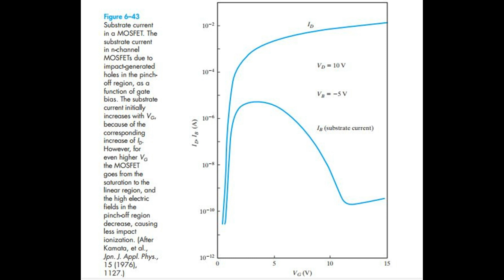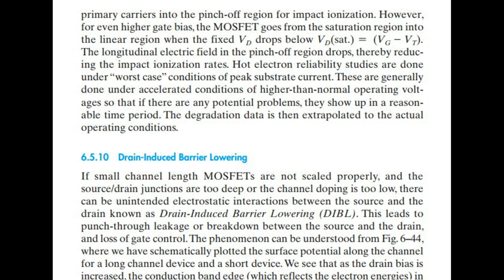However, for even higher gate bias, the MOSFET goes from the saturation region into the linear region when VD drops below VD,sat equal to VG minus VT. The longitudinal electric field in the pinch-off region drops, thereby reducing the impact ionization rates.